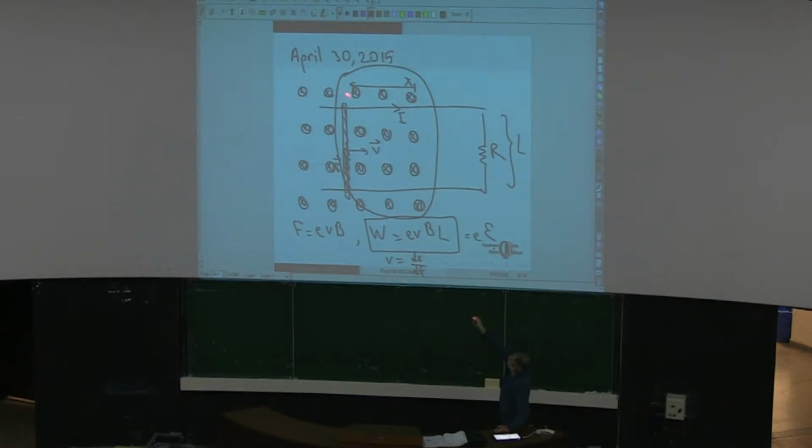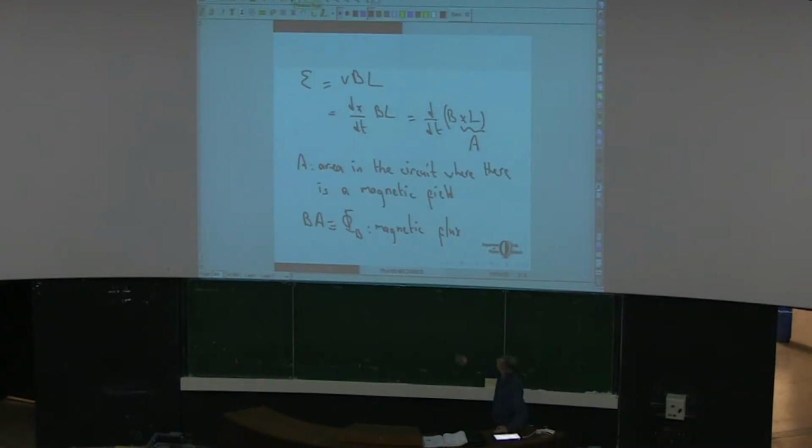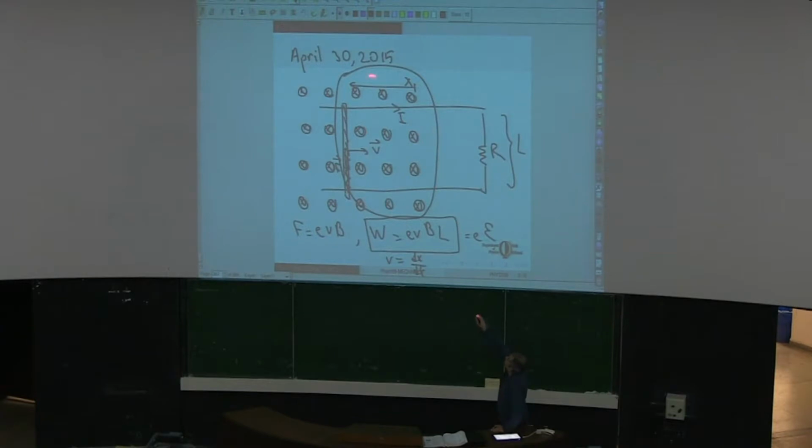So x times L is the area in which there is a magnetic field. The magnetic field times the area is nothing but the flux. Well, this is basically the flux that goes through this area, but it is also the flux that goes through all of my circuit, because there's no flux over here.